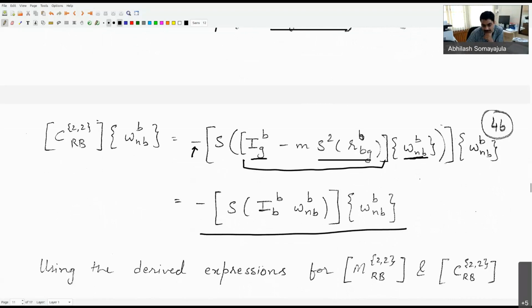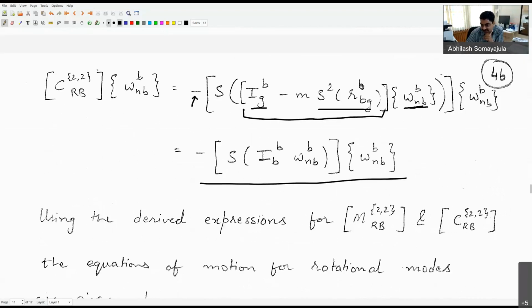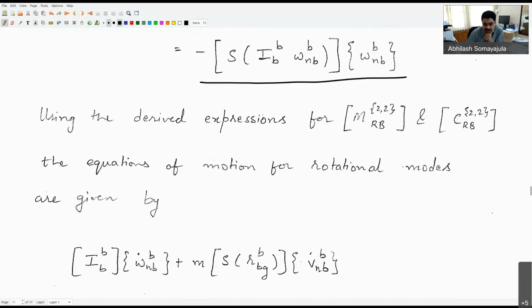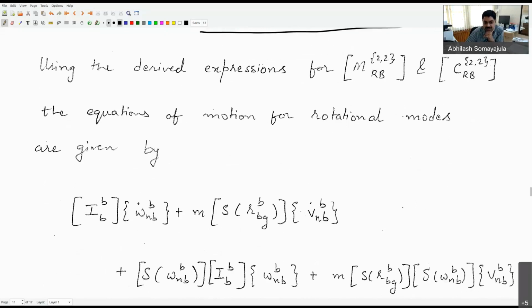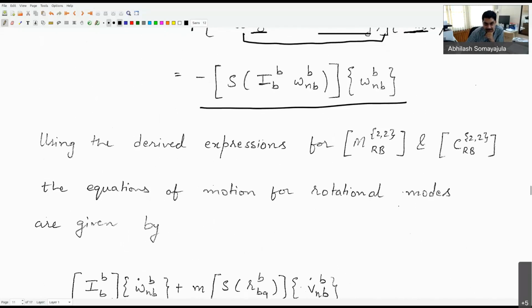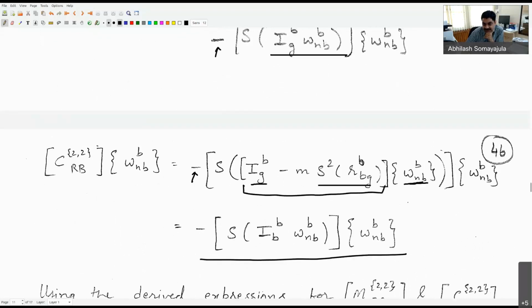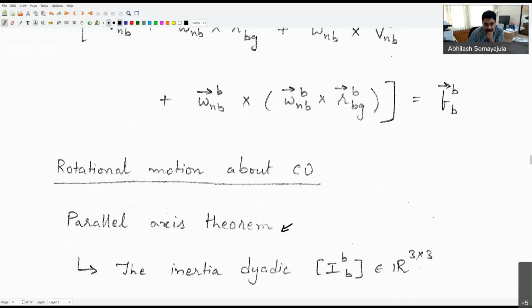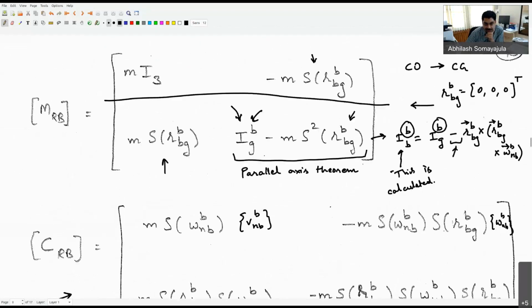Okay, now using these so-called simplified expressions for MRB22 and CRB22, the equations of motion for the rotational modes are given by, we can put them all back up. So let me back up there and show where we were. If we are talking about the bottom half of these matrices, because we are talking about the rotational motion, this term will be IBB times omega dot plus M S of RBG times V dot.